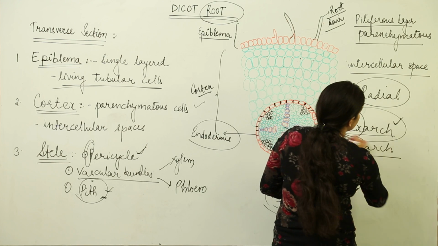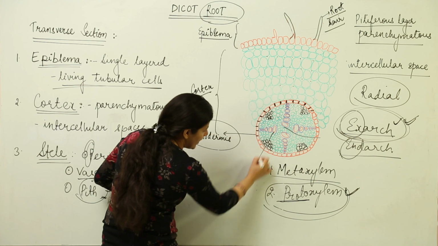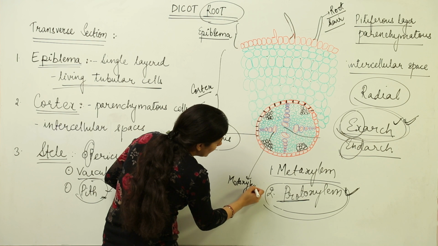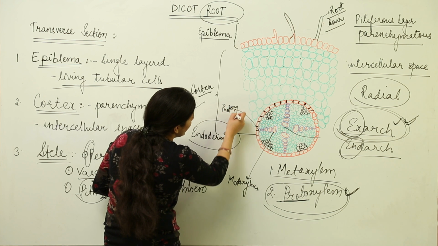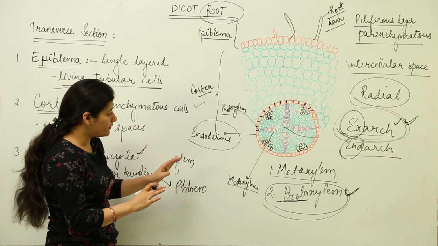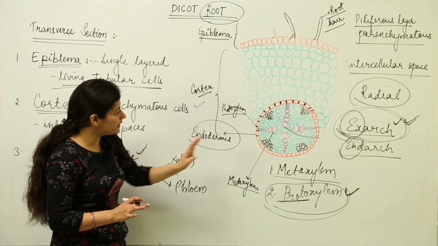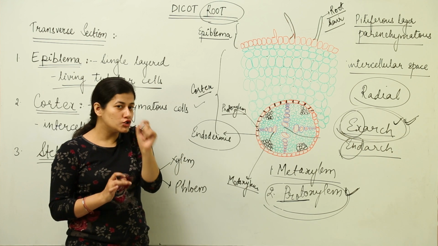We have exarch type of xylem which is present, in which we have metaxylem towards the pith and the protoxylem lies towards the endodermis. Please remember these things. I hope I am clear that metaxylem is towards the pith, which is highly reduced, as I talked in the beginning, and protoxylem lies towards the endodermis. Protoxylem is having smaller radius.